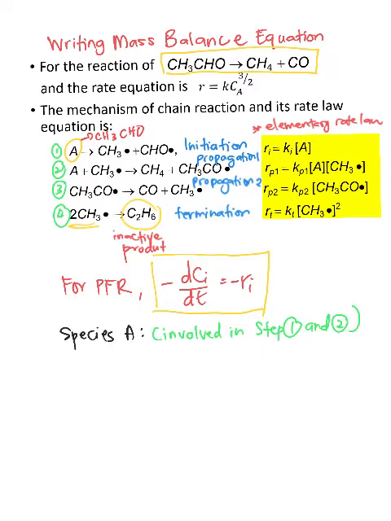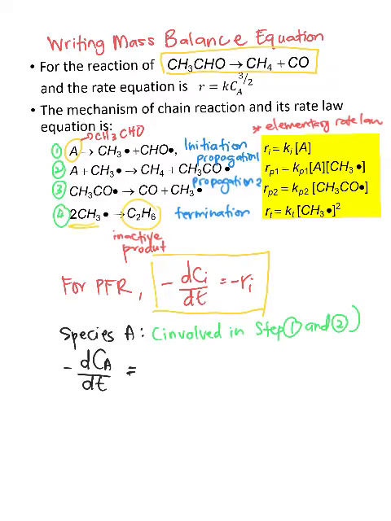In the first step, A disappears. In the second step also, A disappears. So for the disappearance of A, negative dCA per dt equal to, so the mass balance we write based on the rate law equation. That's why we need to write the rate law equation for each step of reaction.